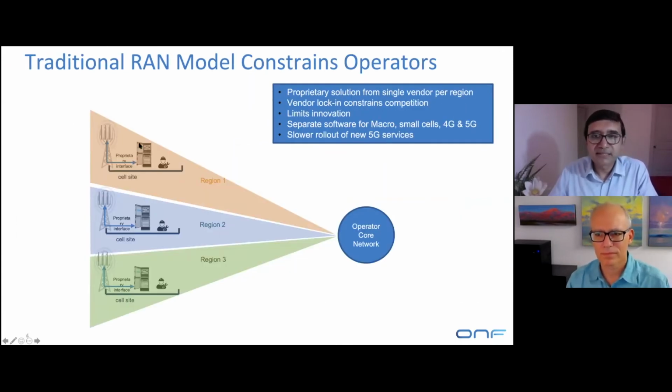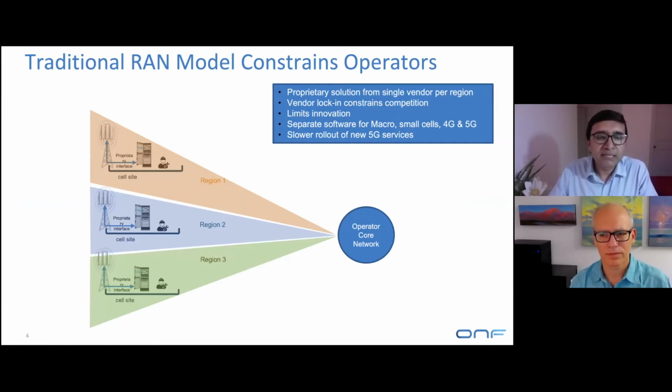So it results in this kind of deployment model where operators have to divide their deployments typically into 2 or 3 regions where they have radio access network supplied by one vendor. And this creates a lock-in situation. Now, if an operator wants to change the radio hardware for some reason, they cannot do that. Obviously, this limits innovation.